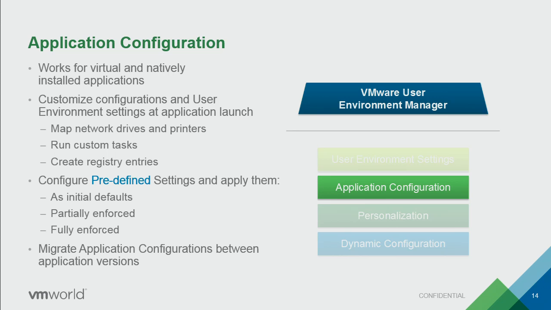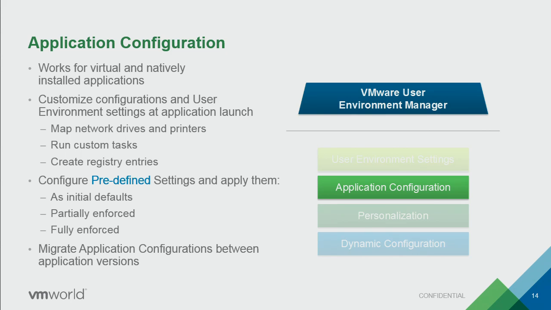Application configuration. So User Environment Manager also can control the application configurations. And this works with virtual applications as well as natively installed applications. So what do I mean by application configurations? Stuff like my window size, my default fonts, what menu bars are available.